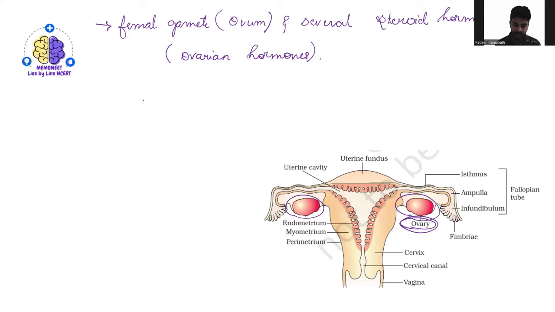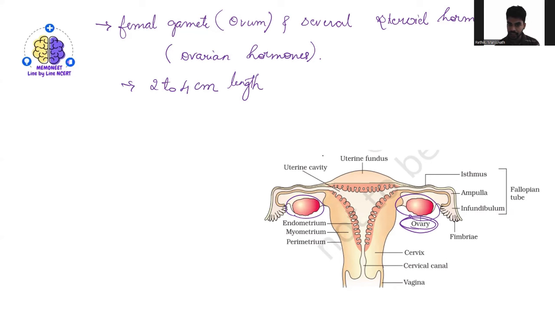Each ovary is about 2 to 4 centimeter in length, and it is connected to where?